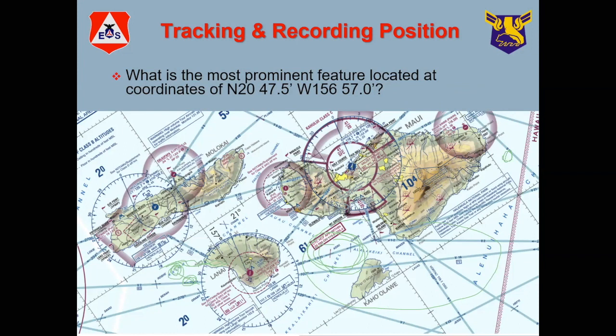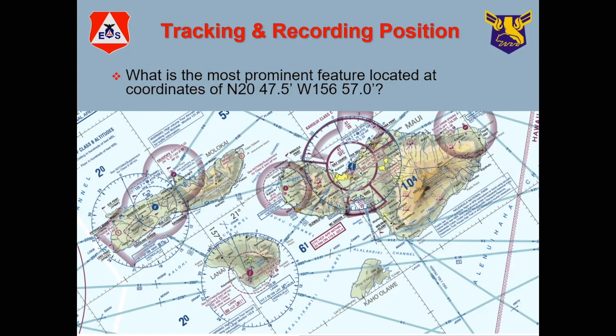Okay, so now we need to talk about tracking and recording position. What is the most prominent feature located at coordinates of north 20 degrees, 47.5 minutes, and west 156 degrees, 57.0 minutes? How do we find this? I would say the first thing would be to find that latitude of north 20 degrees, 47.5 minutes.